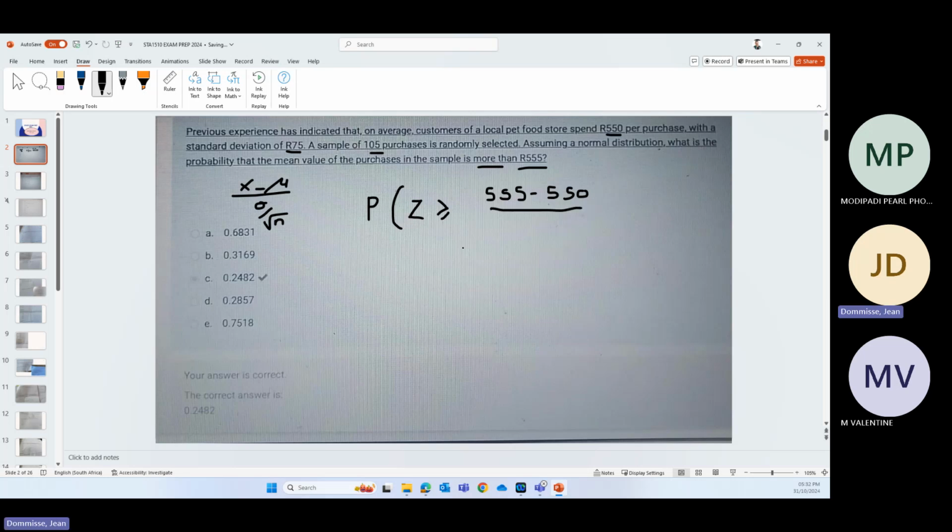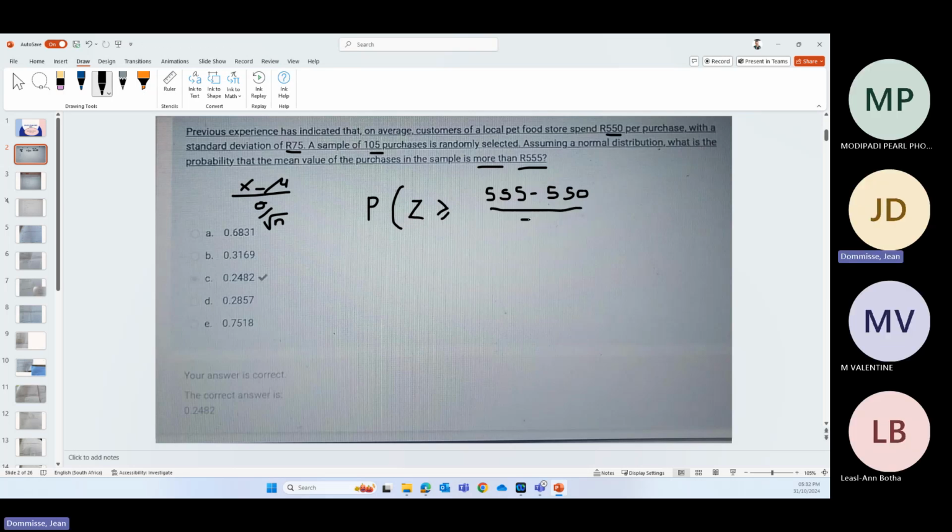Standard deviation 75. Your sample was 105. So let's see, probability of Z bigger than that.